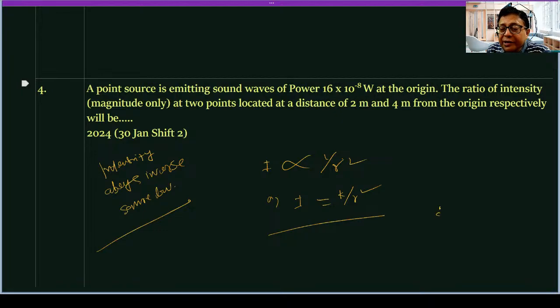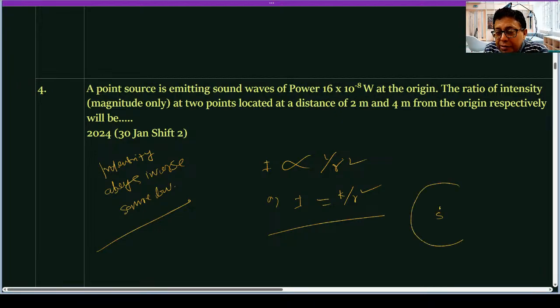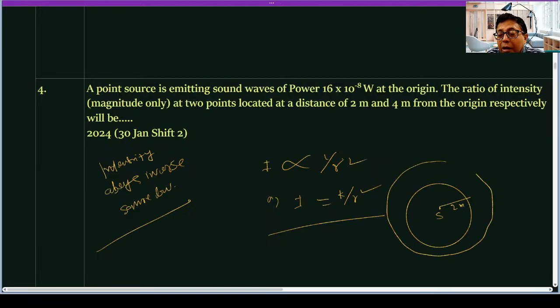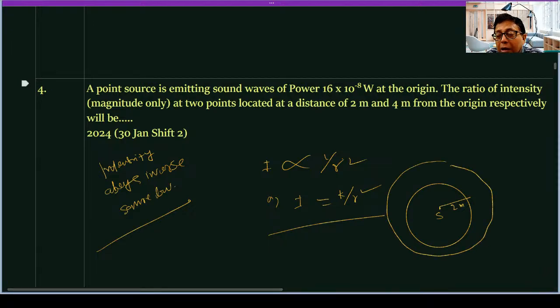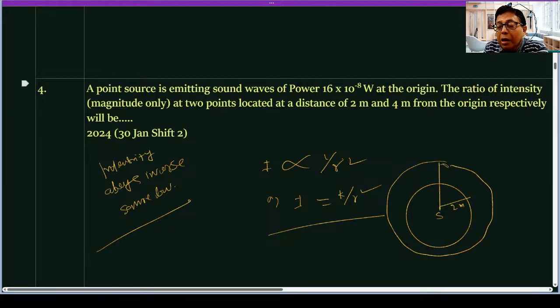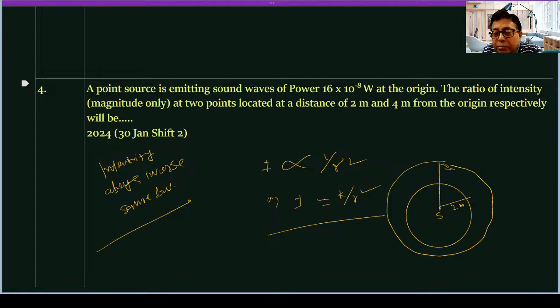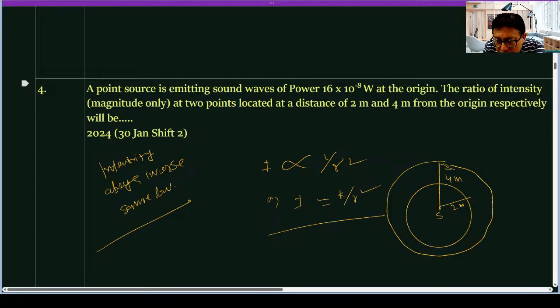Now point source is here. This one is 2 meter radius, and this is 4 meter.